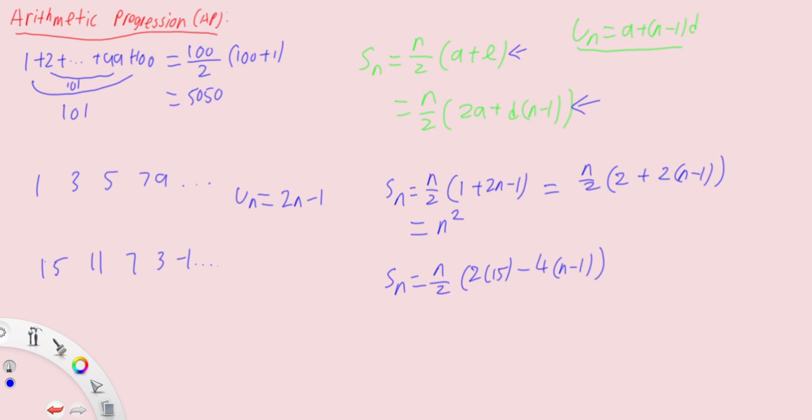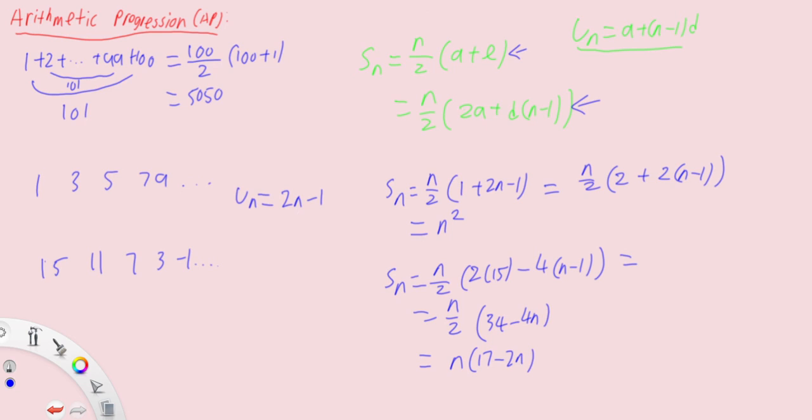So n over 2, 30 minus minus 4, so 34 minus 4n. This would then give us 17n. Well, actually, we can just factorize it out: n, 17 minus 2n.